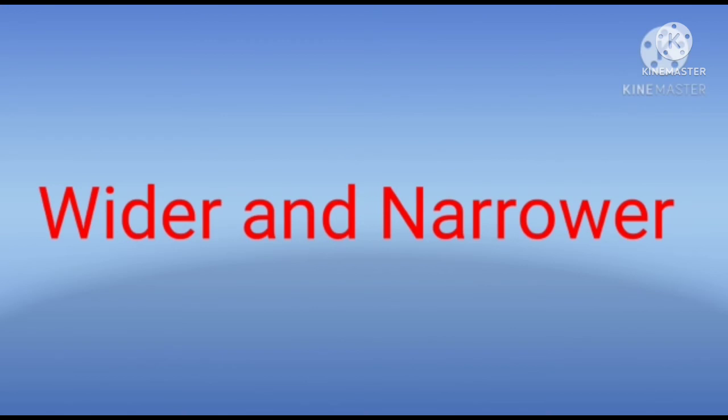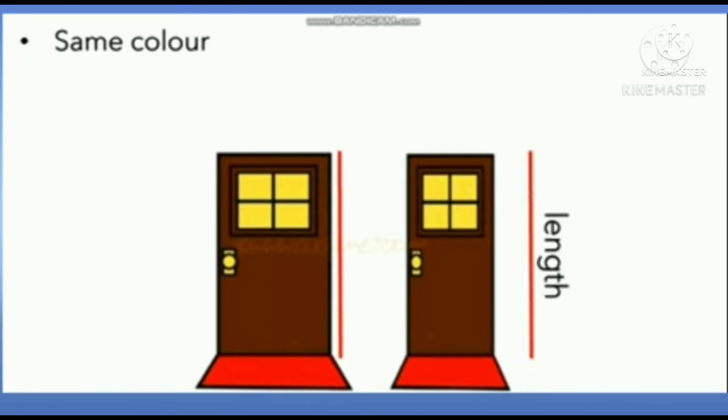Now the next topic is wider and narrow. Now students, look at the picture. Can you tell me what this is? This is a door. They have the same color and the same length.